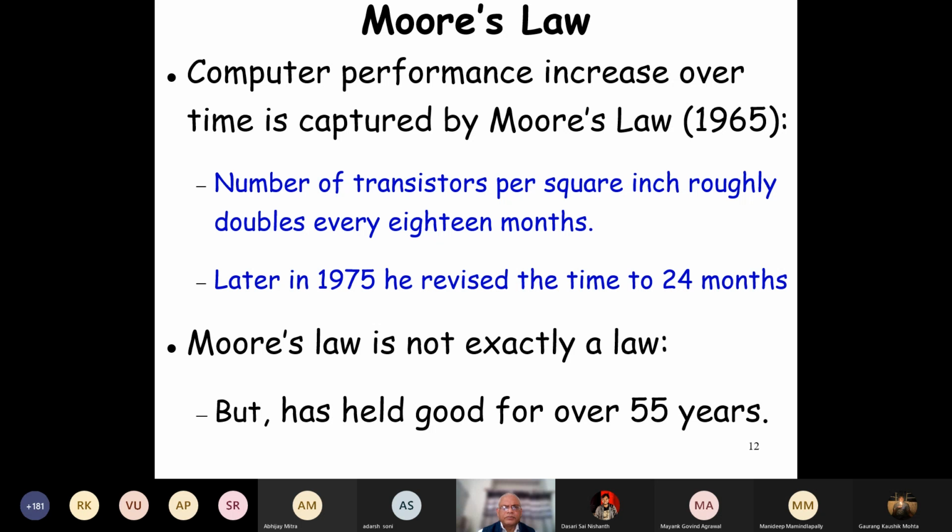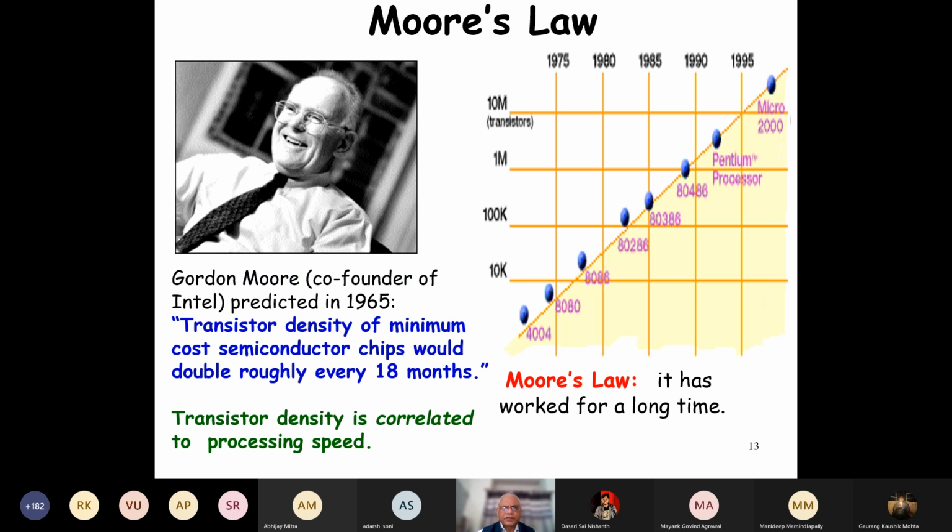It doesn't really double every 18 months. It is actually 2 years. And from then onwards, it has held that the number of transistors is doubling every 24 months. It's not exactly a law, but it has held good now for about 55 years.